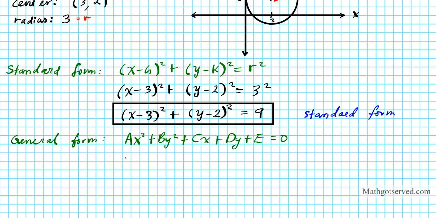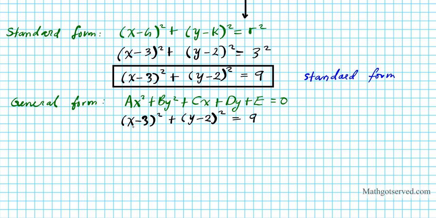Let's rewrite the standard form: (x minus 3) squared plus (y minus 2) squared equals 9. Let's get rid of the parentheses first. Squared means we multiply this quantity by itself: (x minus 3) times (x minus 3), and the same idea, (y minus 2) times (y minus 2), equals 9. We're going to go first, outer, inner, last.